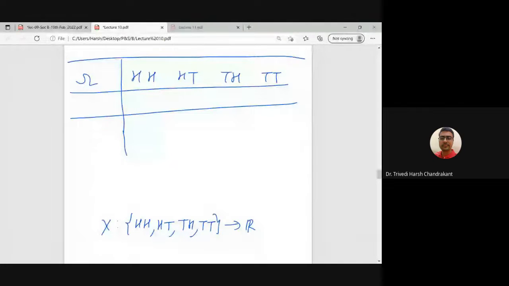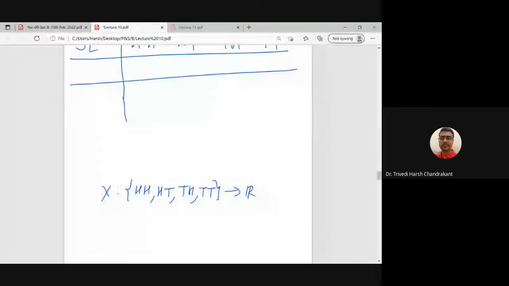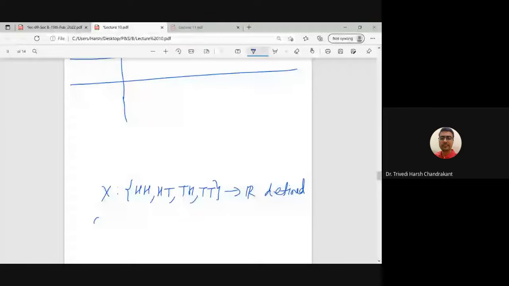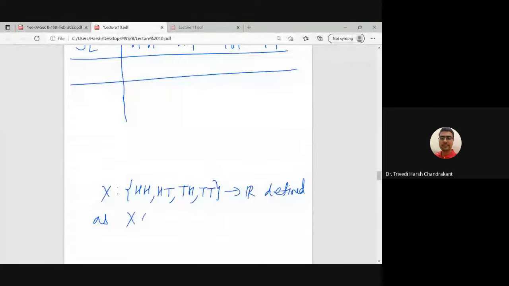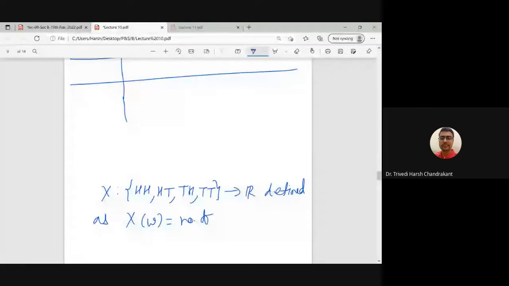So the best way to define the random variable is we can count how many heads are there or how many tails are there. So essentially both of these random variables are same. We are counting either H or T. So this is defined by X of W is the number of heads in W.